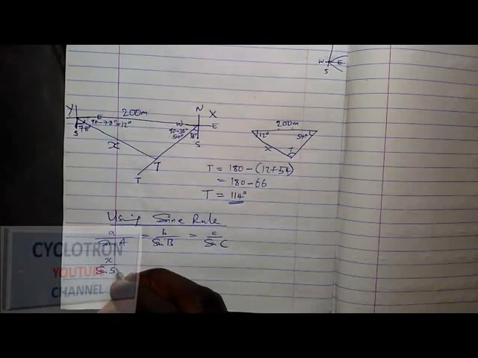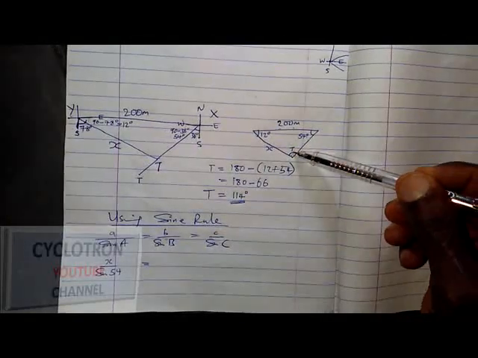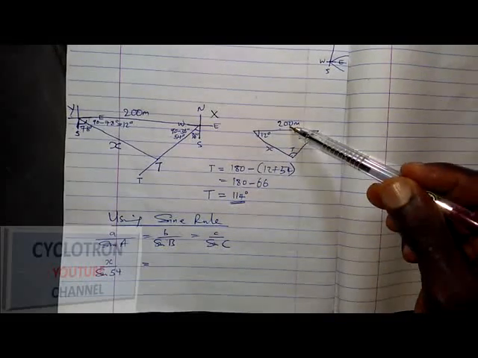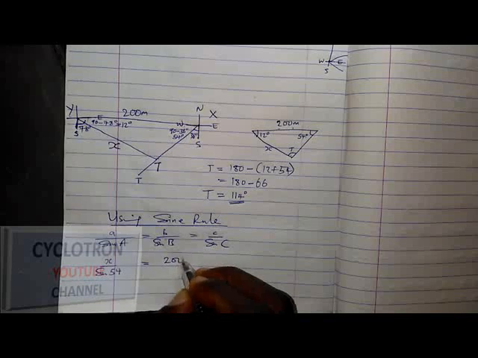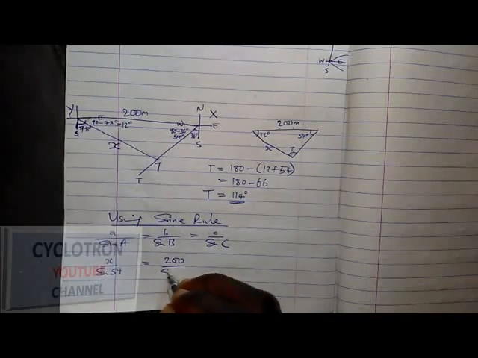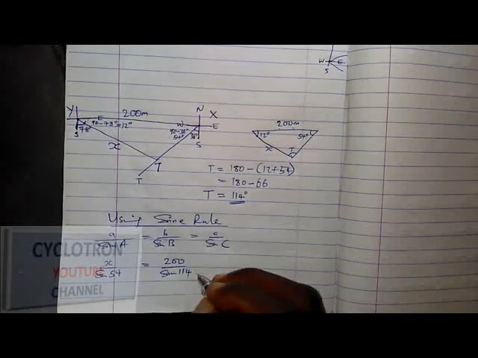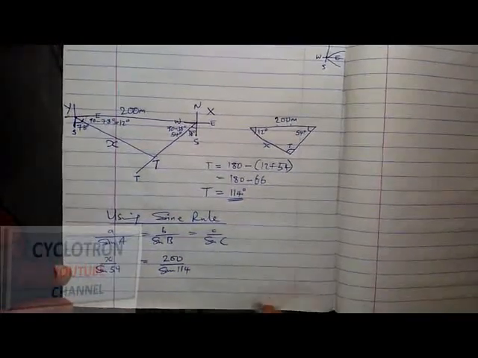equal to, then we use the other side that is complete. We have the angle known here, T is 114. We have the side known, so 200 over sine 114 degrees. So you can cross multiply here.